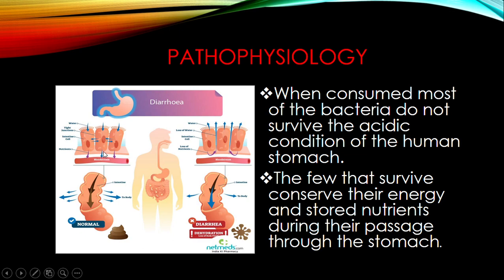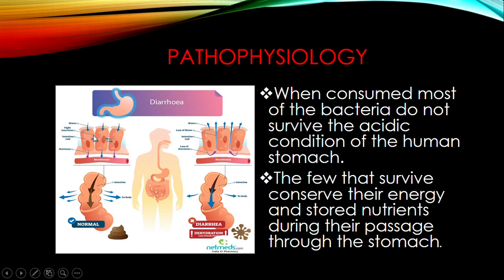Part of this toxin will enter into the cells. These are the cells. Part of it will enter the cells and it will now activate, or disturb, the enzyme that regulates the entry of water and electrolytes in this cell.